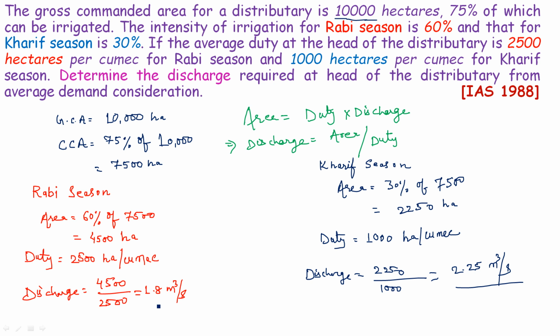But if we design the canal for 1.8 meter cube per second, it will be suitable for Rabi season, but not for Kharif season. That's why we need to design the canal as per the higher demand, which comes as 2.25 meter cube per second. So that is your answer: 2.25 meter cube per second is the discharge required at the head.